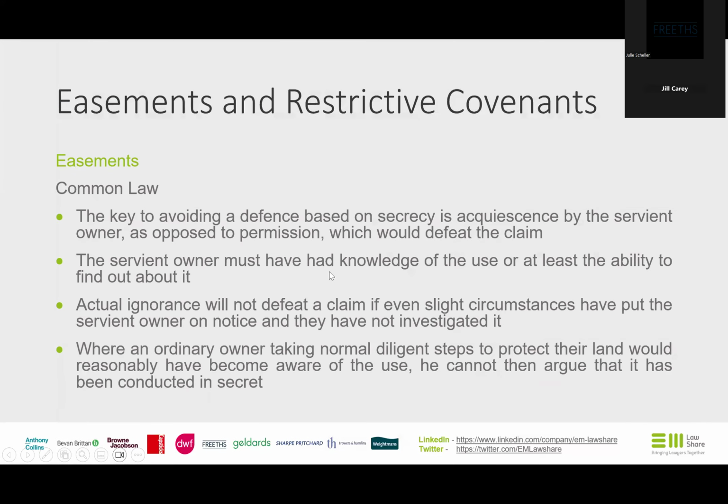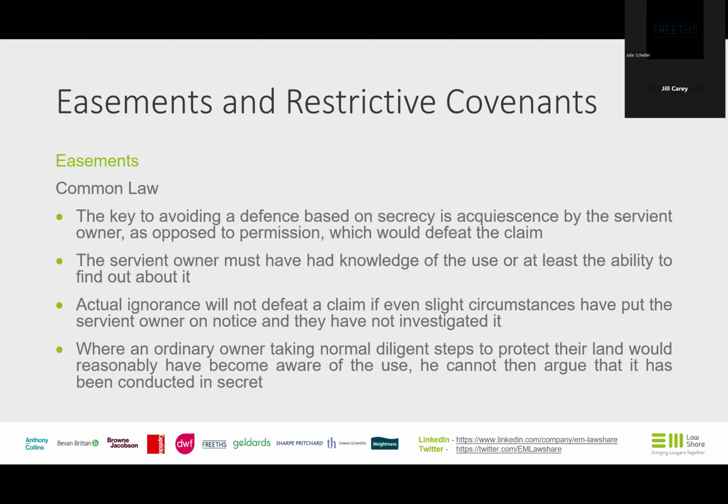For people looking to claim the easement, or wishing to put forward a defence, acquiescence is very useful. If you can show that the servient owner has acquiesced in the use, that will defeat a subsequent argument by the servient owner that he had no idea what was going on.